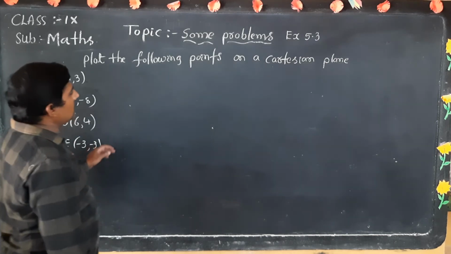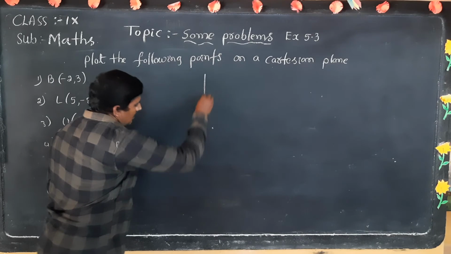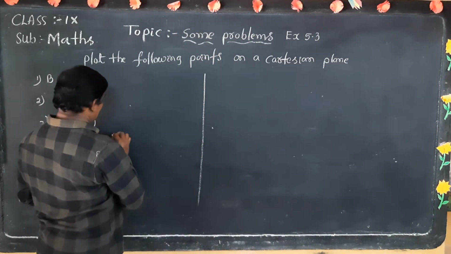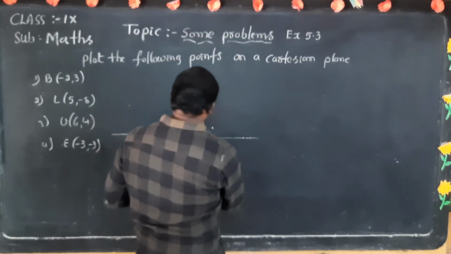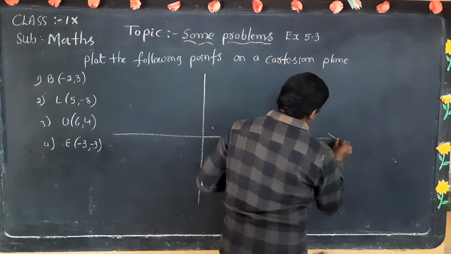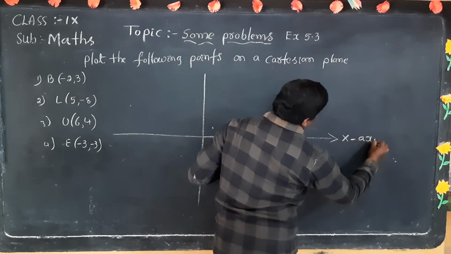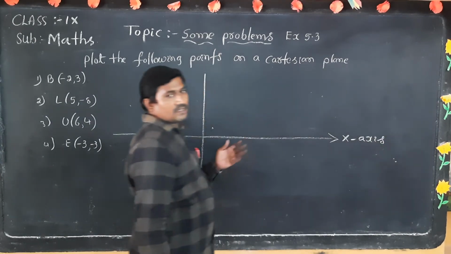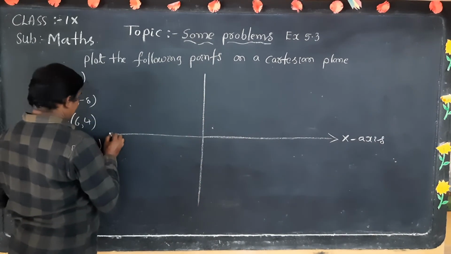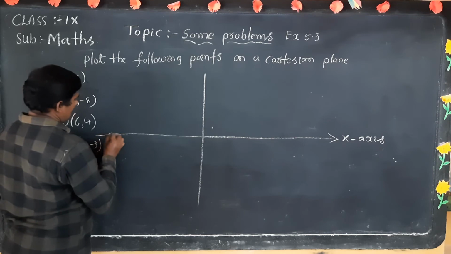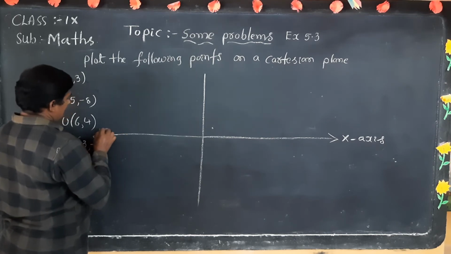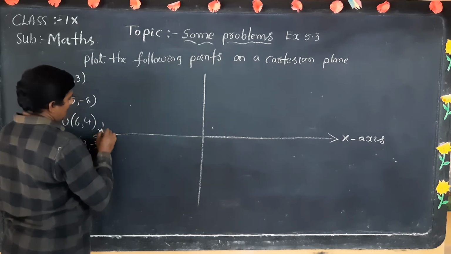First we draw a horizontal line and a vertical line. This is the x-axis, and the left side is the x-dash axis.